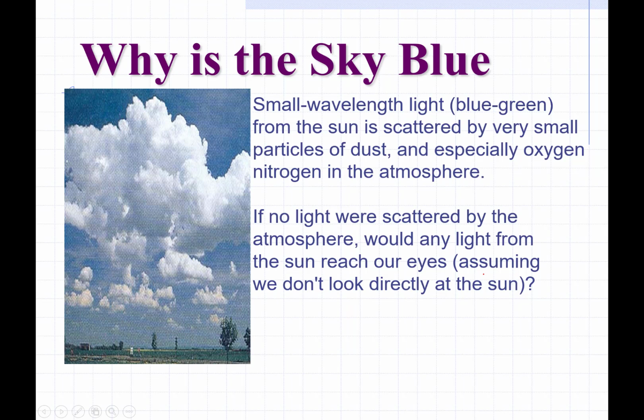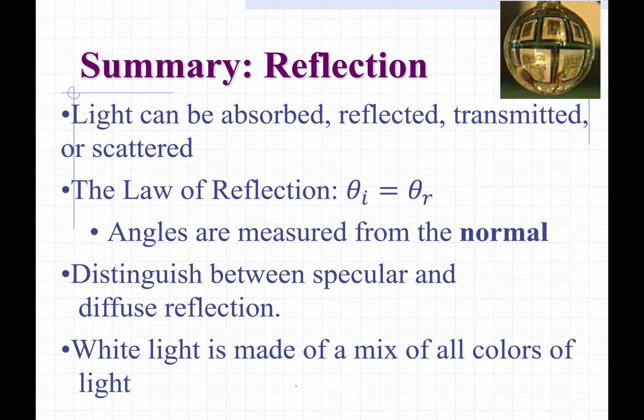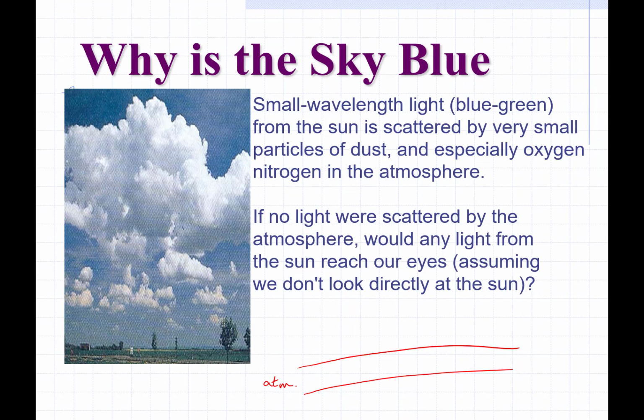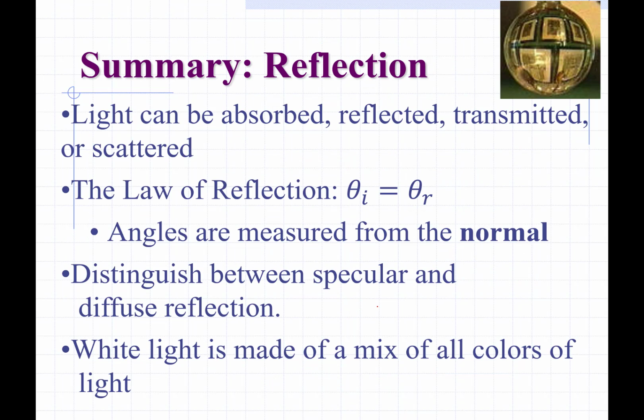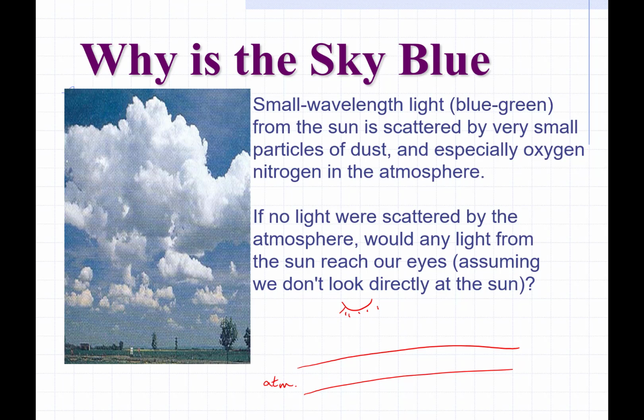This is actually one of the reasons, or the main reason, that the sky is blue. When the sun shines white light on the atmosphere, let's say this is our atmosphere, different colors are scattered differently. And blue is scattered a lot more than other colors.